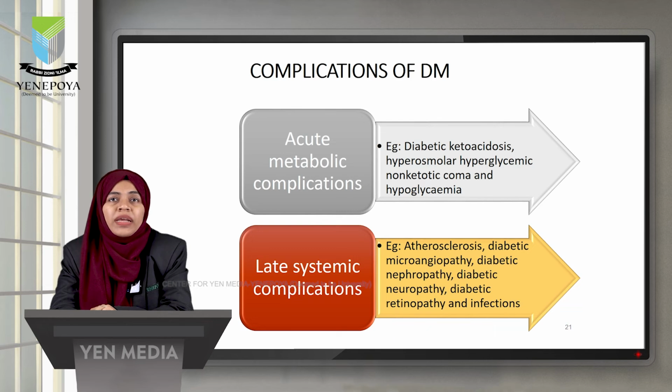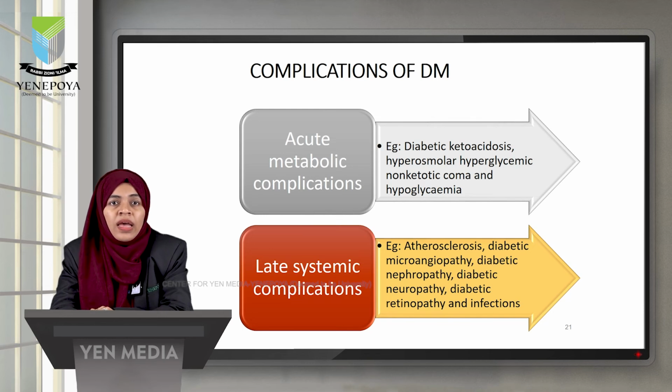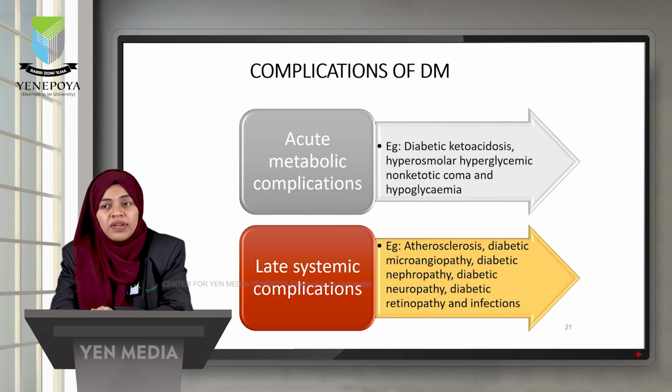Next come the complications of diabetes mellitus. Diabetes mellitus is not only a disorder where morbidity and mortality are high; the complications it leads to also cause morbidity and mortality in many cases. The complications are classified into acute metabolic complications and late systemic complications.